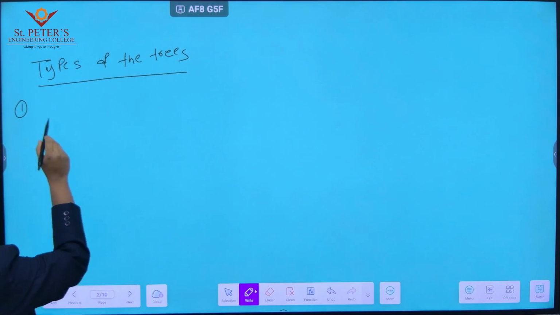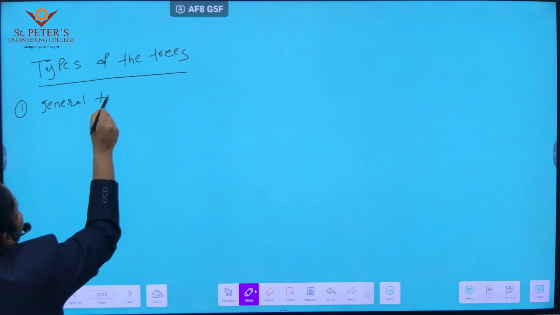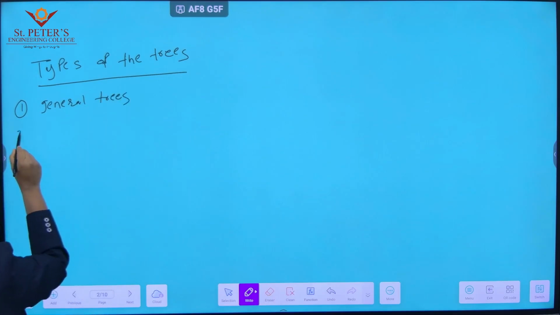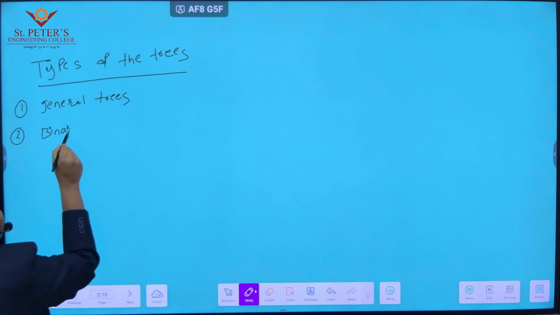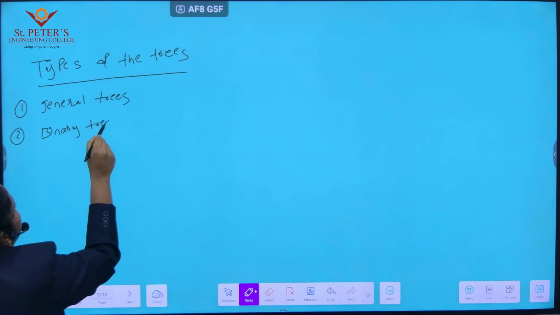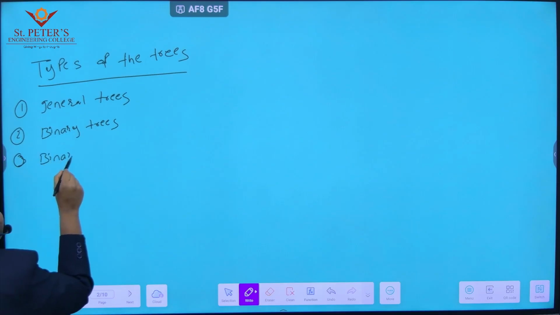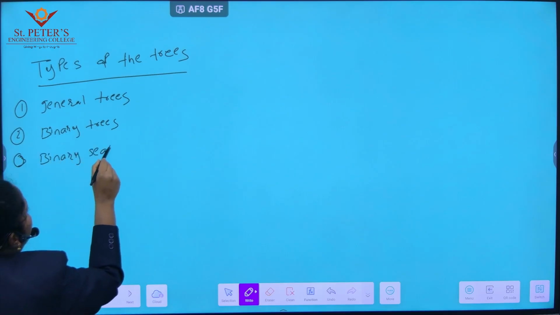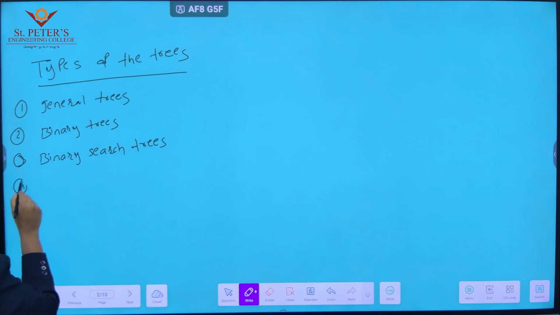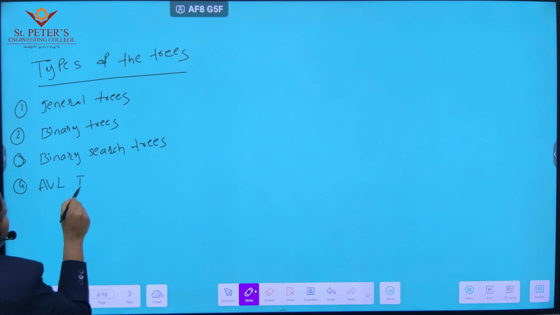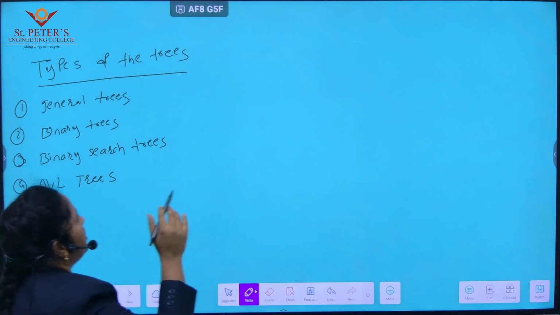The first one is general trees, the second one is binary trees, the third one is binary search trees, and the fourth one is AVL trees. Let us take the first one.